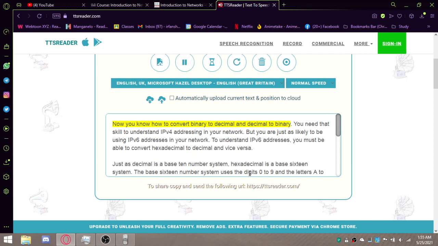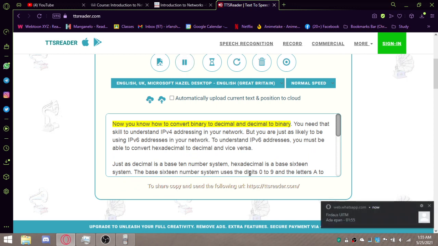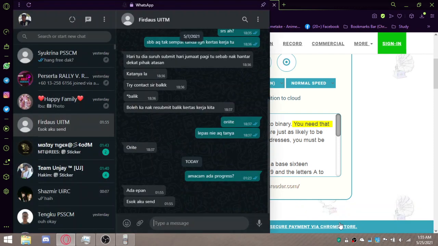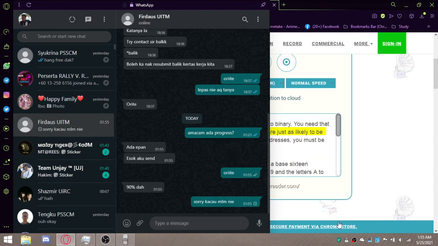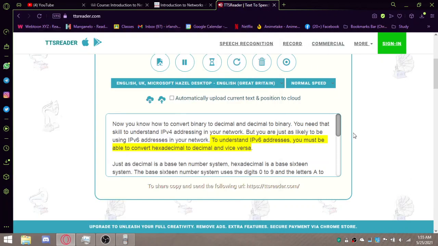Now you know how to convert binary to decimal and decimal to binary. You need that skill to understand IPv4 addressing in your network. But you are just as likely to be using IPv6 addresses in your network. To understand IPv6 addresses, you must be able to convert hexadecimal to decimal and vice versa.